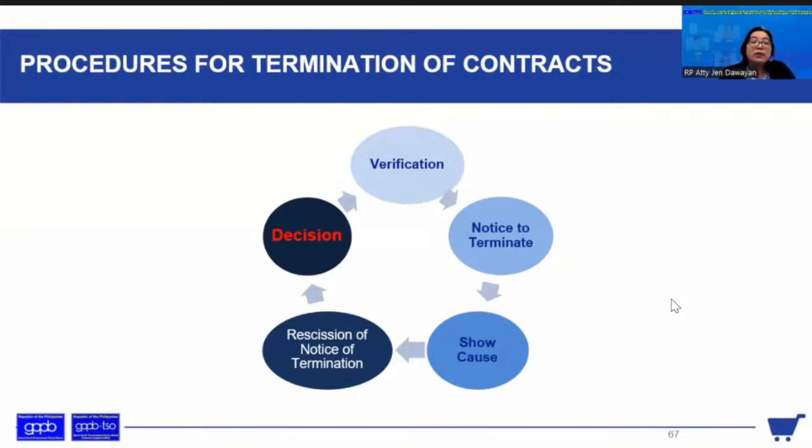And then, of course, the last one is the decision where within a non-extendable period of 10 days from receipt of the verified position paper, the HOPE shall decide whether or not to terminate the contract. And the HOPE shall serve the written notice of its decision, and unless otherwise provided, the contract is deemed terminated from the receipt of the HOPE's decision.